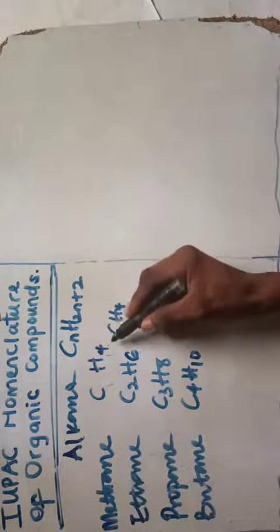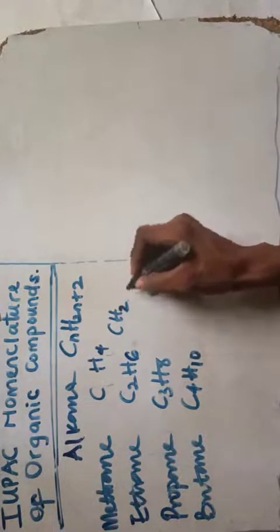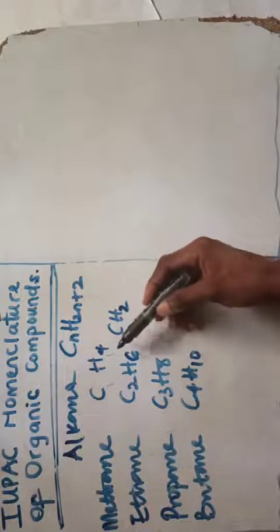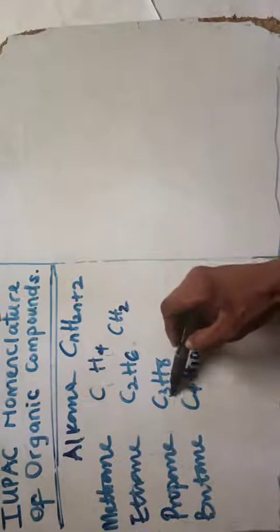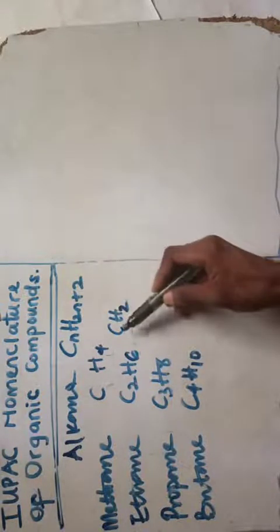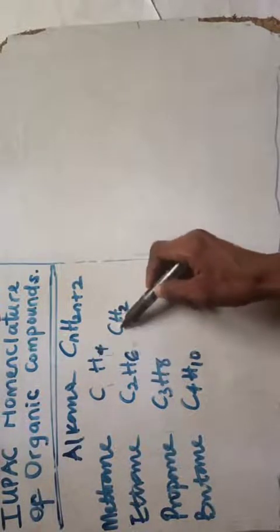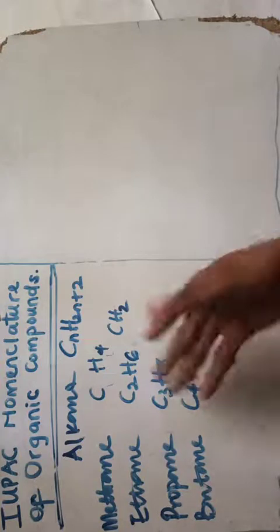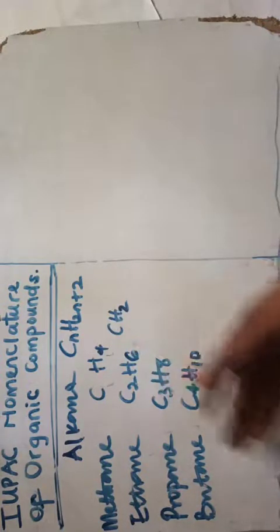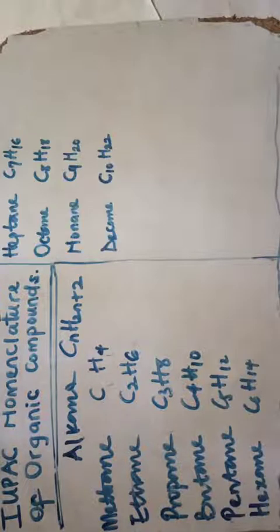The difference is CH2. With 2 here, you see I will have C2, and H will be 2 times 2 is 4, plus 2 is 6. If it is 3, then 3 times 2 is 6, plus 2 is 8. So it differs by CH2. So if I add CH2, you see C2H6, C3H8, C4H10. So you can ask the difference between alkane family members, then you list down the first terms of the alkane family. So we're going to have something like this.